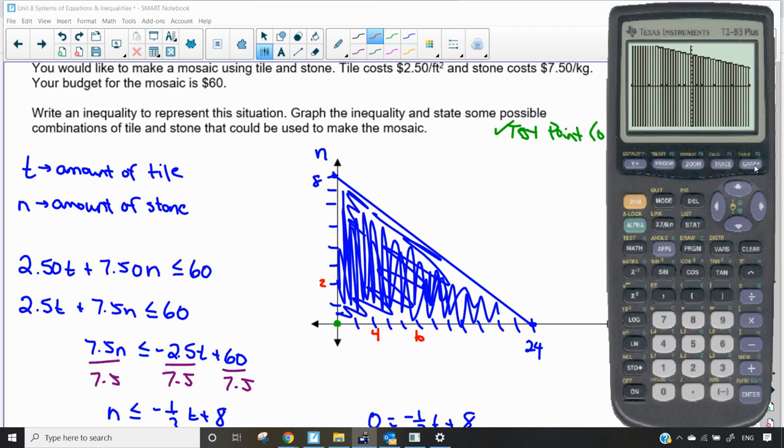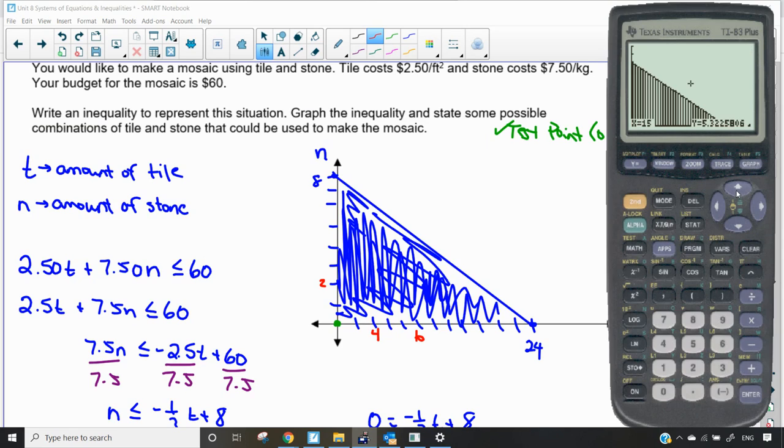So we notice that our minimum x value is 0 and our max is 24. So I'll go into my window settings. I'll go from 0 to 24. I might go a little bit higher just so that I can see more of the graph. So I'll go up to 30. And then I'm going to go from 0 to 10 and go up by 1s. And so this will give me a much better visual of what my inequality is.